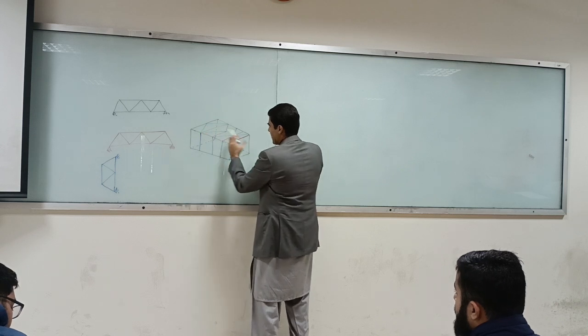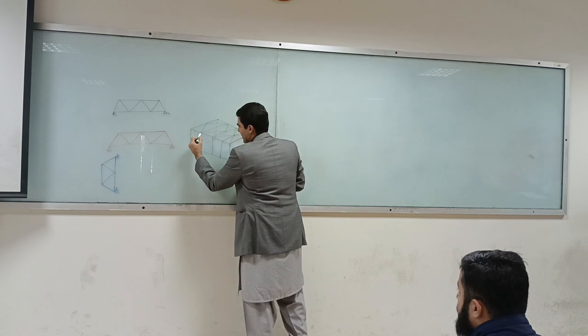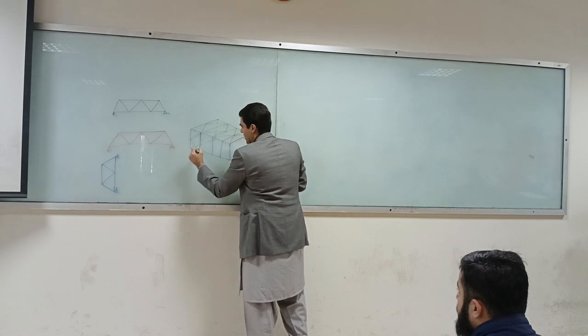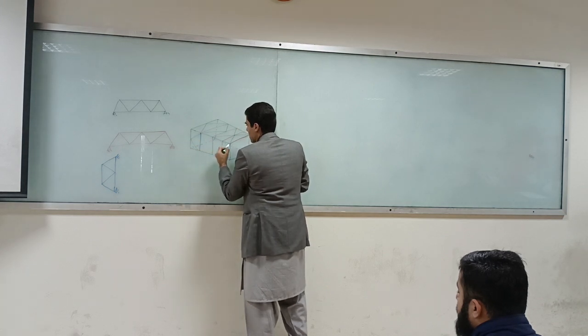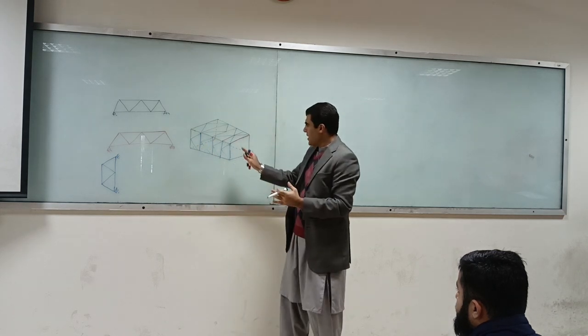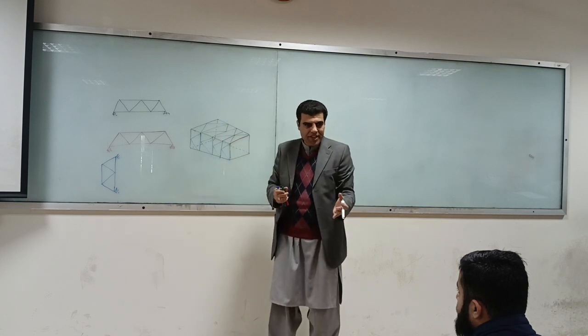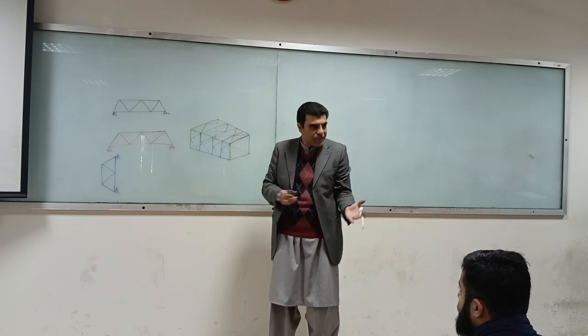But the main thing is that they should be connected with one another. And similarly, that can be done. Okay, so now what I have done is I have made a cage out of it, isn't it? But I have made it stable.